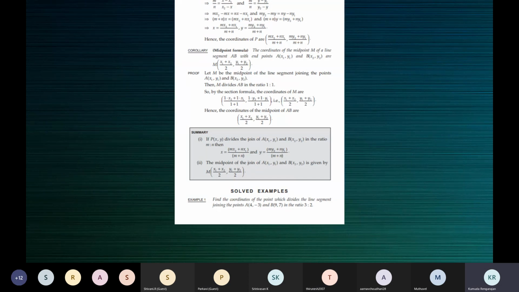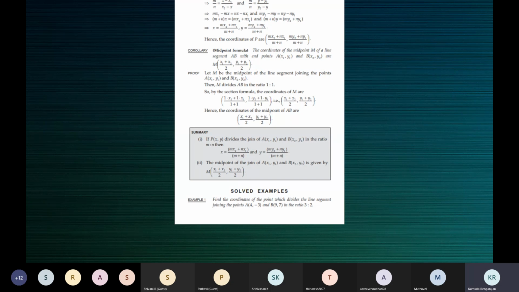Now we are trying to find, what do we call that point that divides AB internally? P. Yeah, and what are we trying to find? We know the coordinates of A. We know the coordinates of B. There is a point on AB that divides AB in the ratio 3:2.